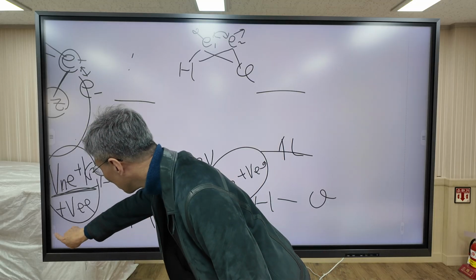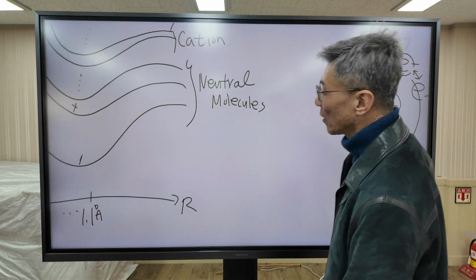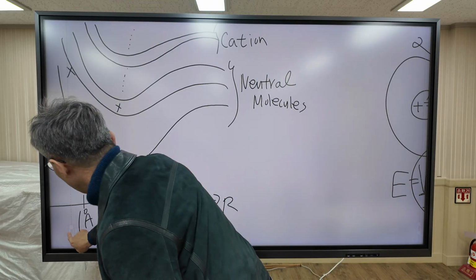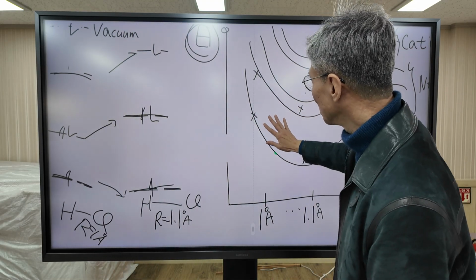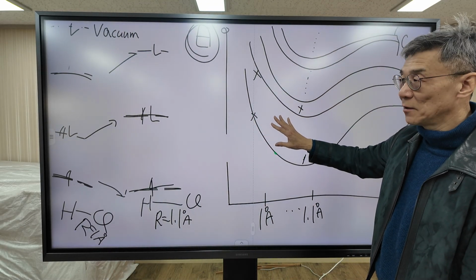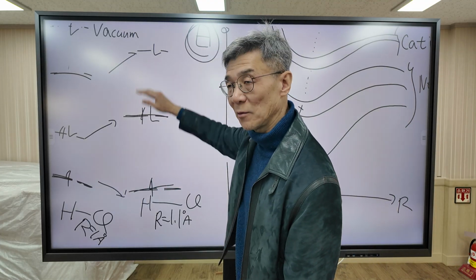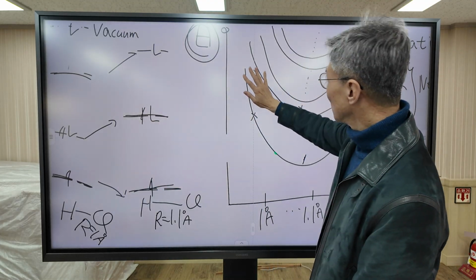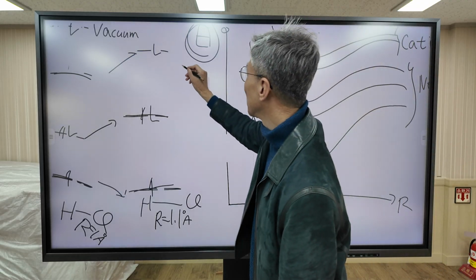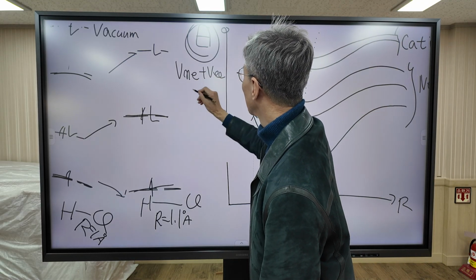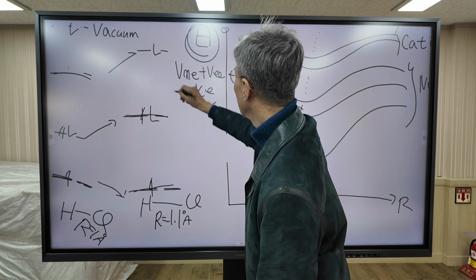And I said before, how do we obtain this potential energy curve? We sum up all the orbital energies of the electrons. So the y-axis definitely has VNE, VEE, plus VKE.